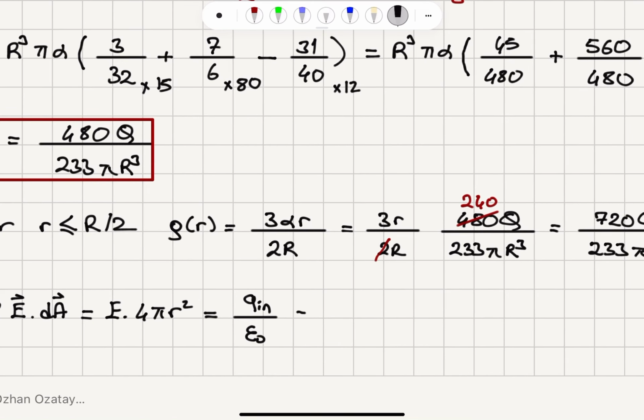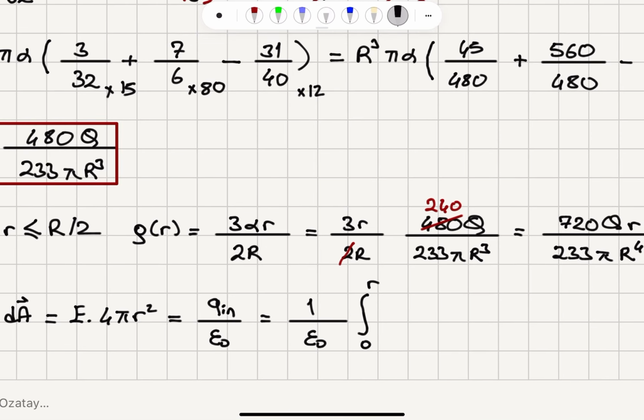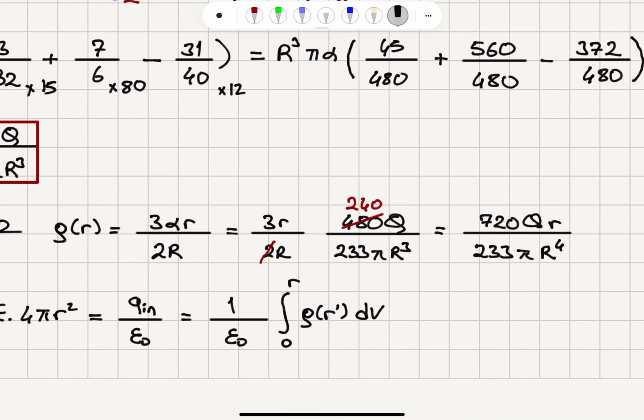So this is 1 over epsilon 0 times the integral from 0 to r. We're inside the Gaussian surface, so we integrate the charge density rho of r prime multiplied by dV, all of the charge distribution inside this spherical Gaussian surface, to calculate the total charge Q enclosed by this Gaussian surface.